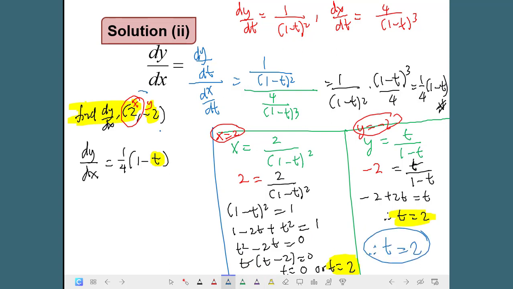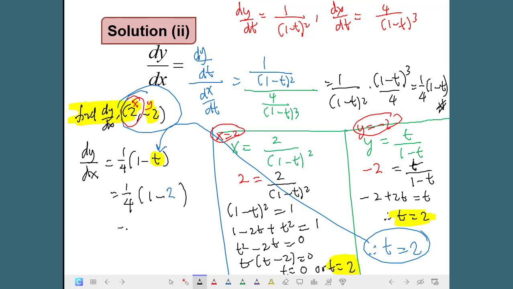At this point t is equal to 2. Substitute this value: 1 over 4 times (1 minus 2). Then 1 minus 2 is equal to negative 1, so the answer is negative 1 over 4. So this is the value for dy/dx.